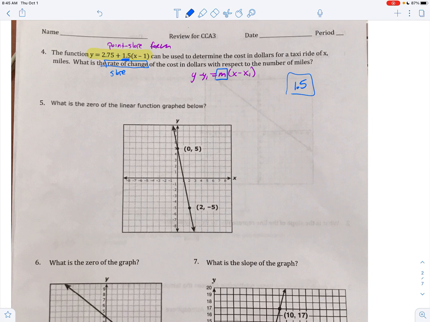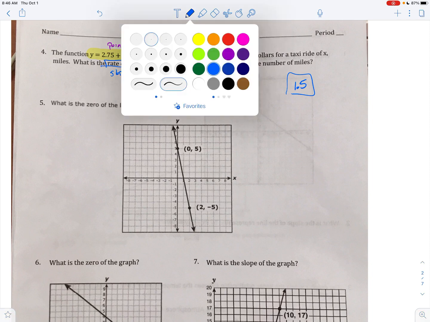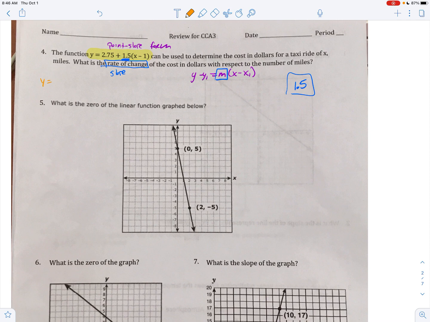Now you may be wondering, why does this not look exactly like point slope form? And the quick answer is because we need to subtract 2.75 from both sides here. So if we take this, y equals 2.75 plus 1.5 times (x minus 1), if we subtract 2.75 from both sides, we end up with y minus 2.75 equals 1.5 times (x minus 1).